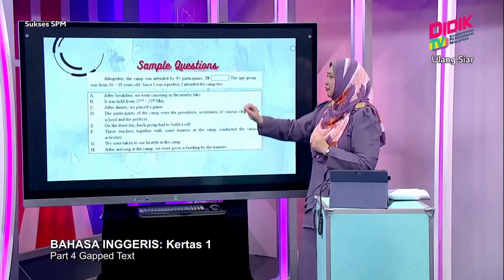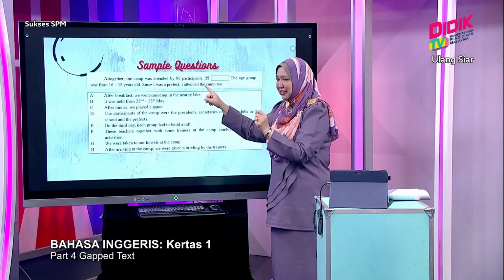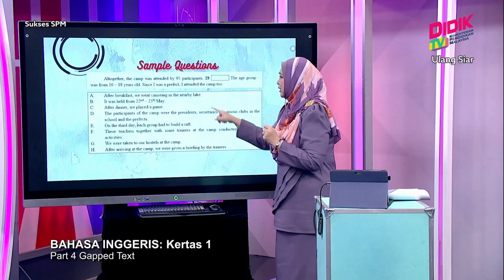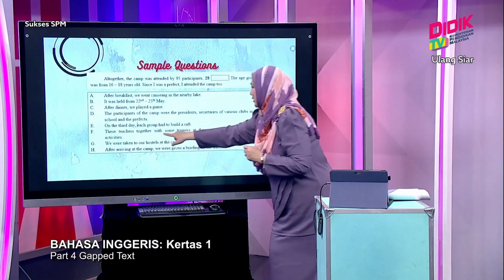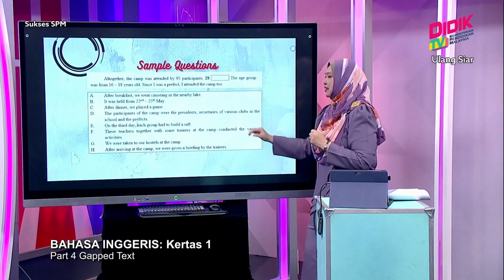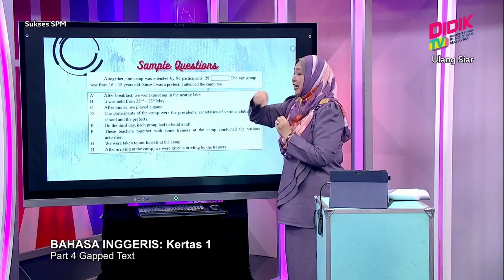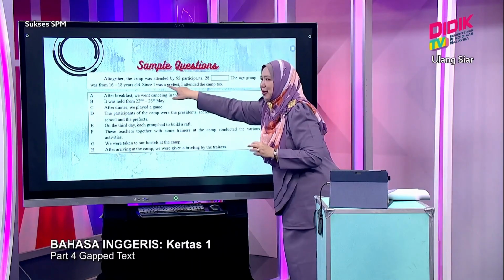If they didn't see the word participant, they would go to the teachers. "These teachers, together with some trainers at the camp, conducted the various activities." That's true. So the word is participant, and another clue that you can use is prefect.